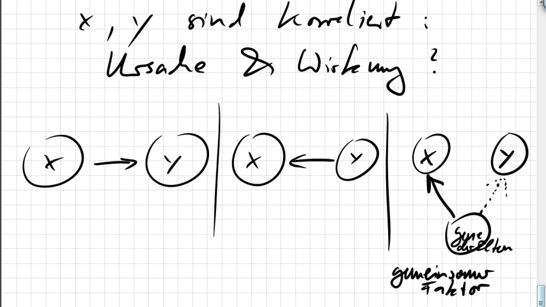The correlation coefficient, the next notion, tells you how strong that influence is. Correctly speaking, the Pearson correlation coefficient.